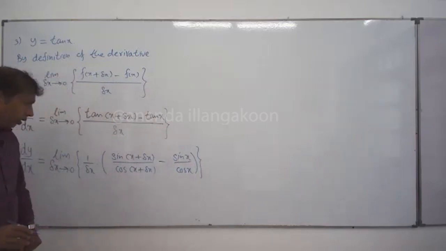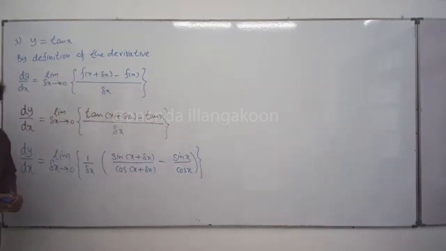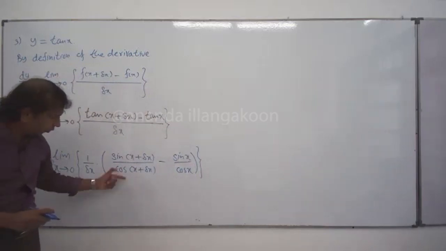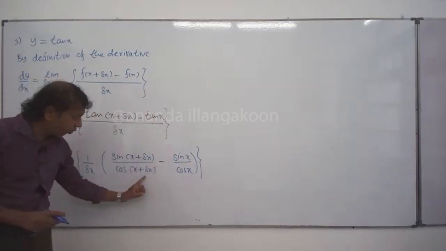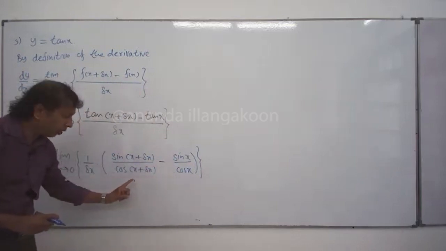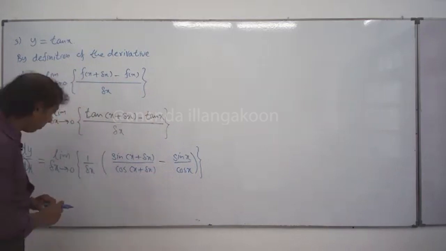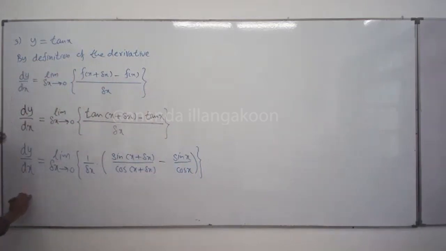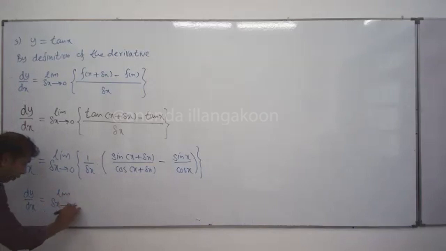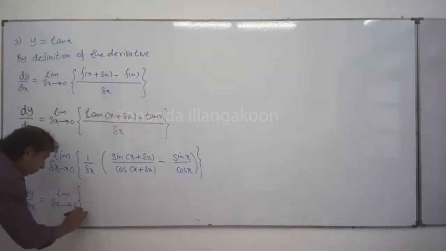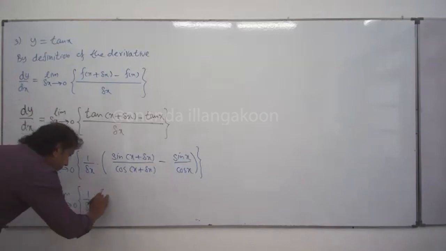Okay. Now what we do, secondly, people, within the bracket, for this fraction minus this fraction, we take the common denominator as the product of this and this. Okay. Then we get dy by dx equals limit delta x going to 0, 1 over delta x.